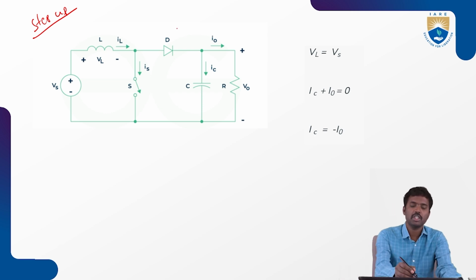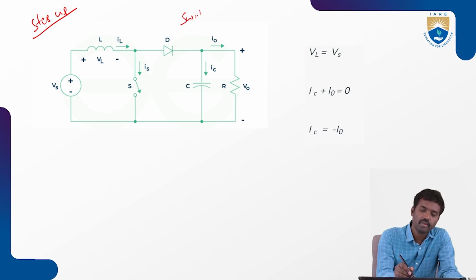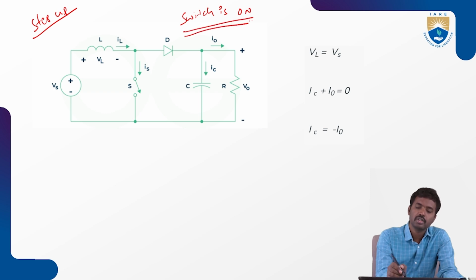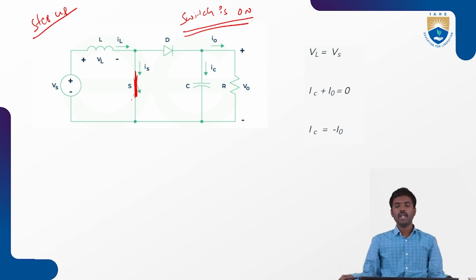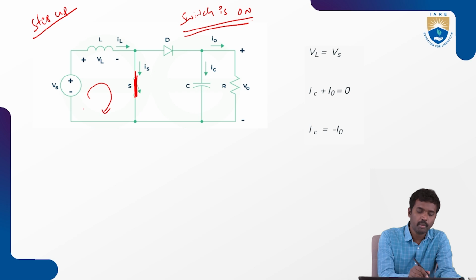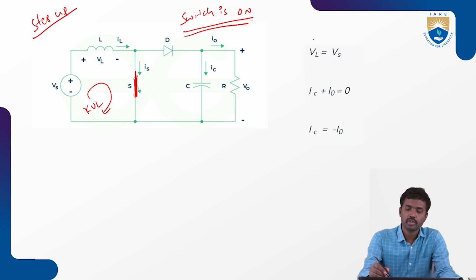Now when the switch is on, the switch is a closed circuit. If you apply KVL in this loop, minus Vs plus VL equals 0.